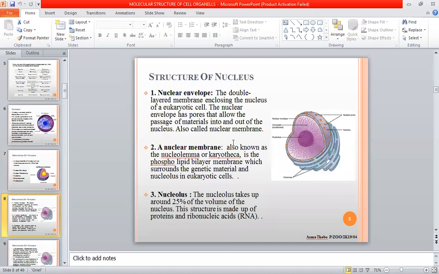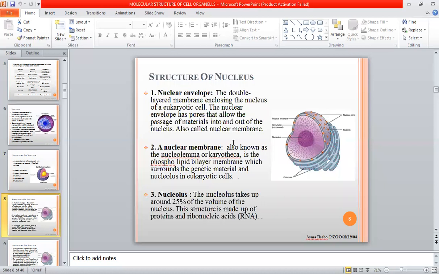The nuclear envelope, or nuclear membrane, is a double-layer membrane that encloses the nucleus of the eukaryotic cell. The nuclear envelope possesses pores which allow the passage of material in and out of the nucleus. The nuclear membrane is also known as karyotheca or nucleolema, which is a phospholipid bilayer.